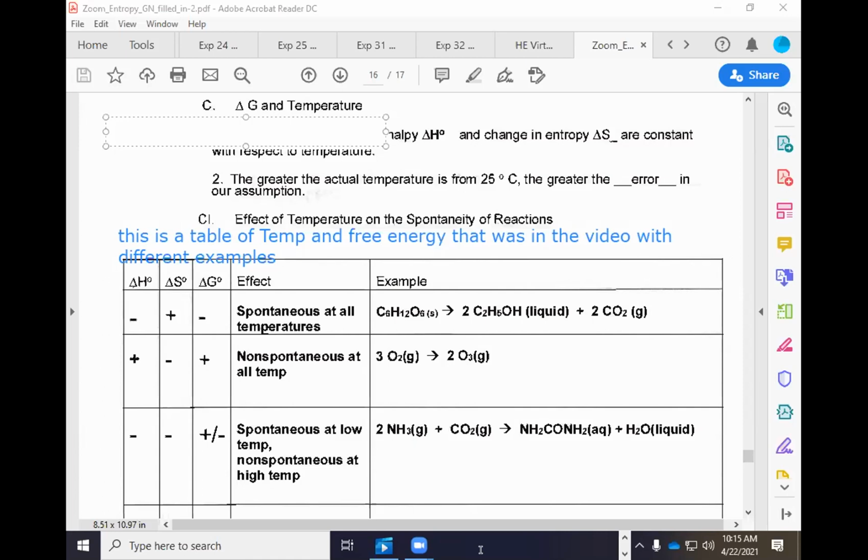Okay, so table 17.3 in your textbook. This is the same information and the video does a really good job of explaining it. So you might want to watch the video again.